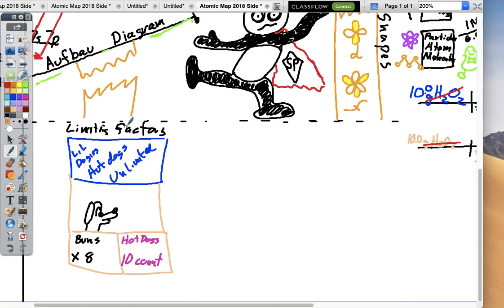You guys, when we decide to go 5 boxes of buns, and we decided to go, how many did we decide? 4 boxes of hot dogs. You guys, we balanced our equation, okay?